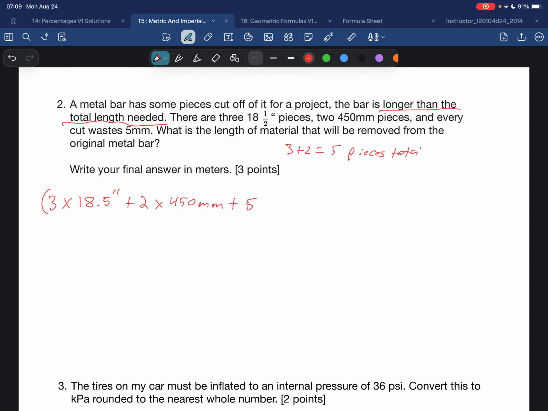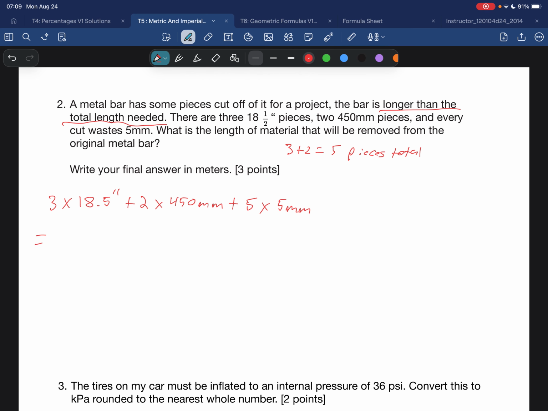pieces total. Great. And we waste 5 millimeters for every cut. So I don't really know why I have all the brackets. I'm just going to erase them. I don't need them.